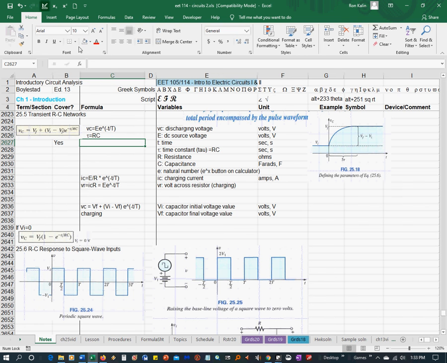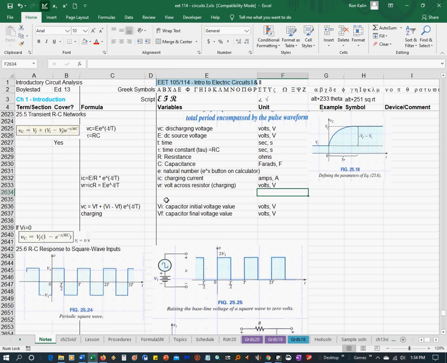So I sub c is the charging current, and you guys have seen this equation before, in amps. And VR is the voltage across the resistor during charging, in volts. And then VC, this equation is the same as this equation up here.